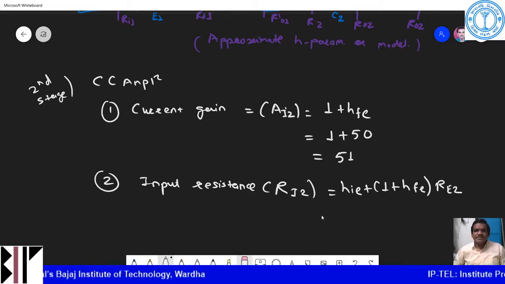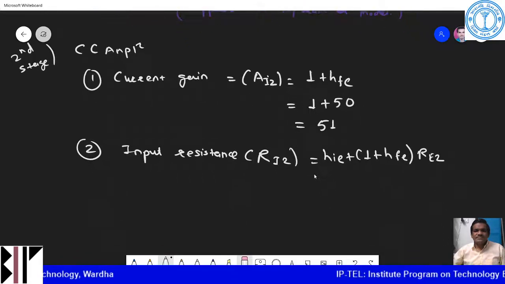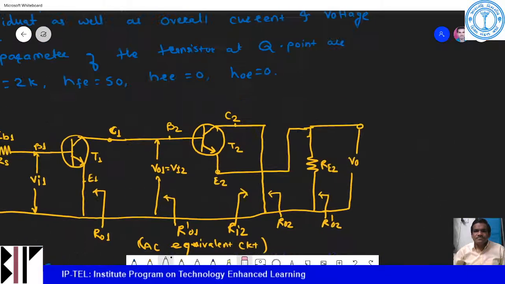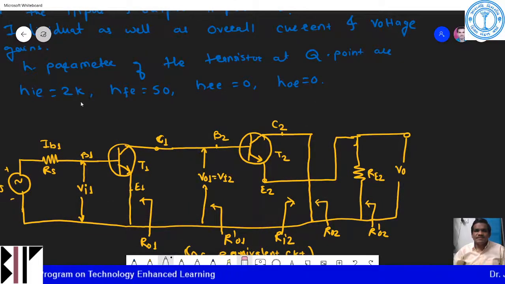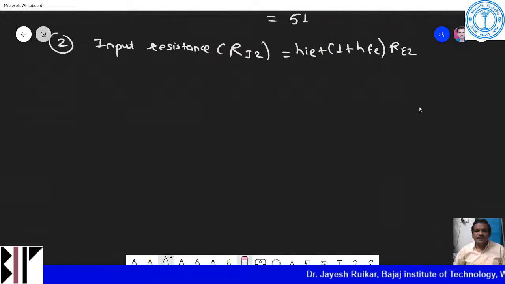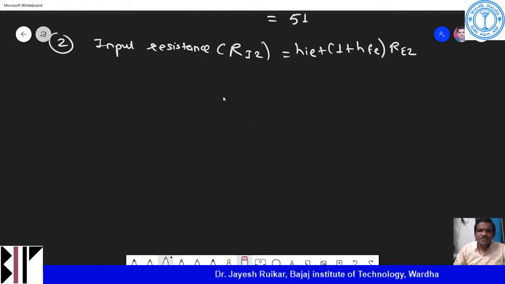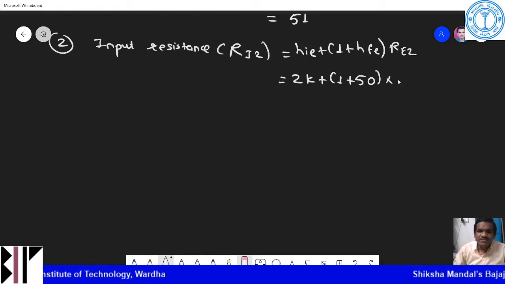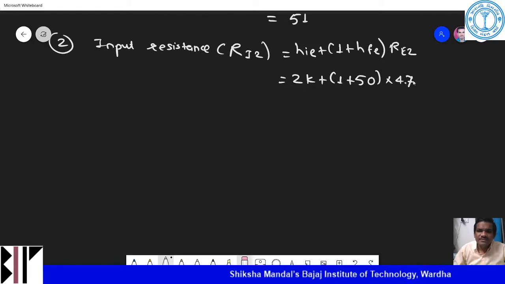HIE has been given as 2K. So that is equal to 2K plus 1 plus 50 into 4.7K, that is 4.7 into 10 to the power 3.